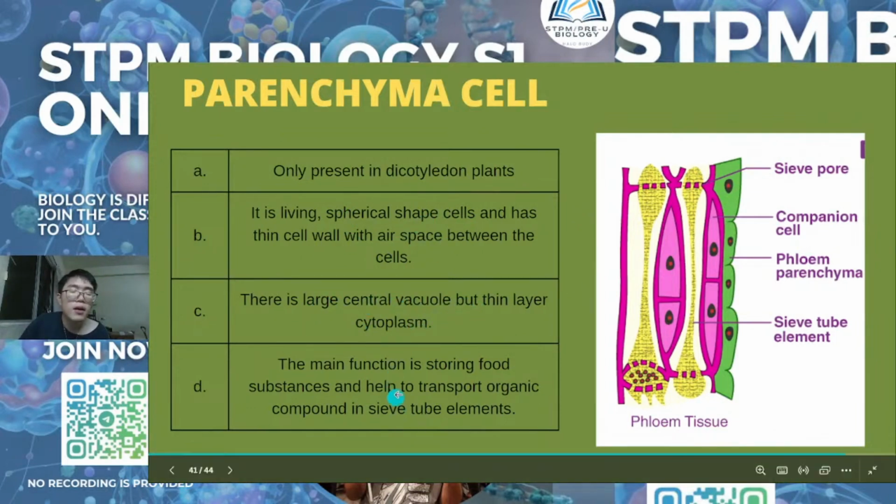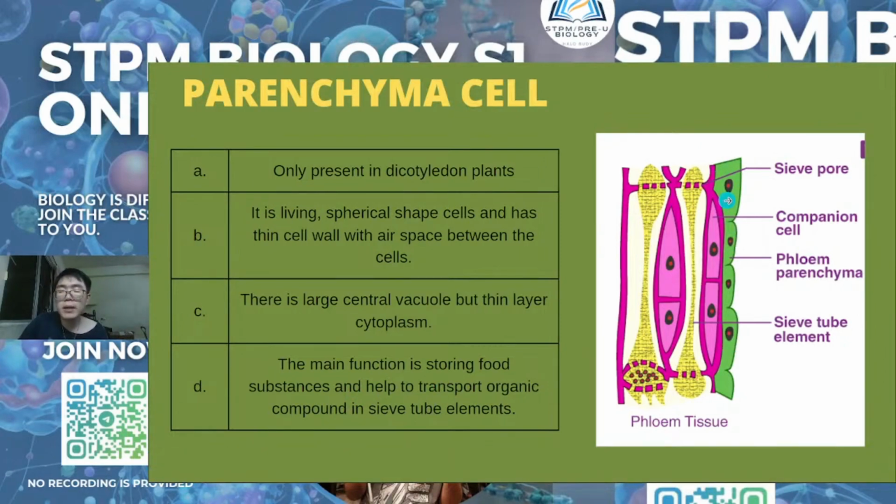The main function is to store food substances and help to transport organic compounds. Because the parenchyma cell contains a very large vacuole, it can store all the organic compounds there. Once stored, it can transport these organic compounds to the sieve tube, and the sieve tube will help to transport them to other parts.